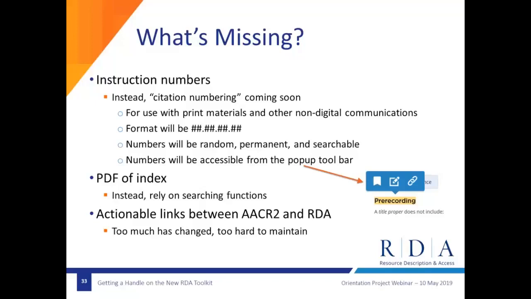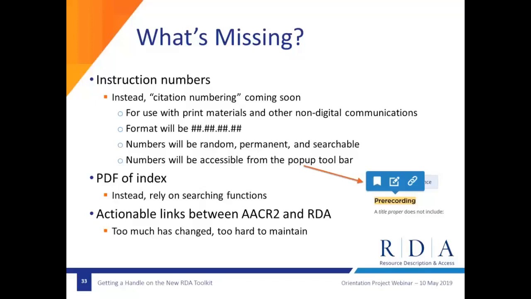It's going to be totally random. It's all about being able to reference the text, not to have number predictability. The RSC issued a white paper explanation about this earlier. One of the biggest challenges in the numbering in the original toolkit was trying to keep it current. And the numbers will be accessible from the pop-up toolbar. They're not there yet, but there will be a new thing added to that 3-element pop-up bar, so you would be able to view the numbers.